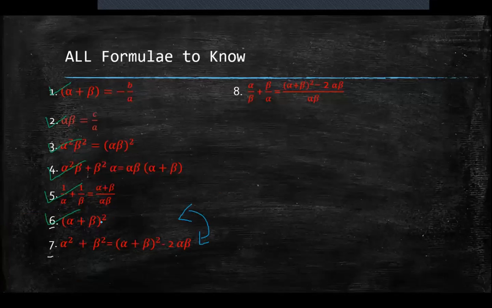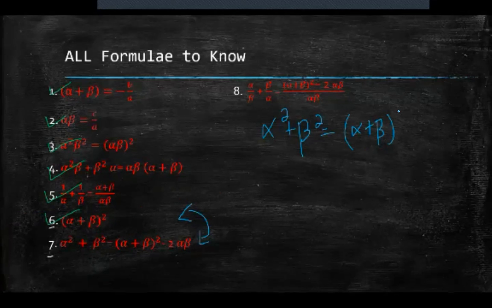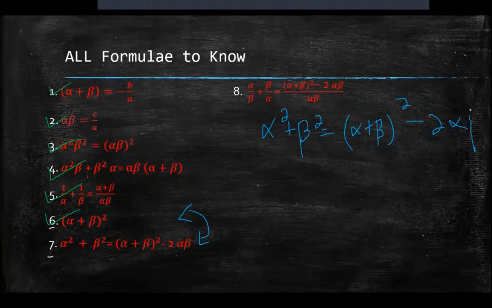Alpha plus beta squared is not the same as alpha squared plus beta squared, okay? Remember that. Alpha squared plus beta squared is equal to alpha plus beta squared minus 2 alpha beta. This is something you have to memorize.